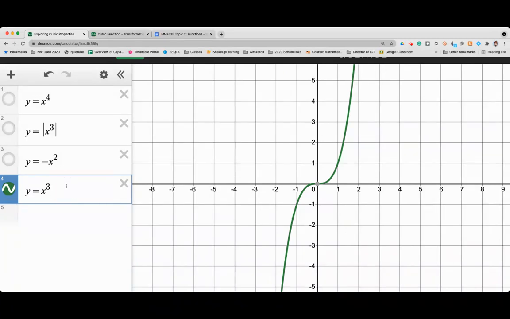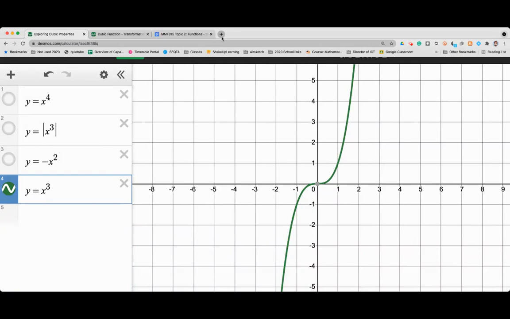Now, I don't know if you can remember or not, but from the quadratic work we did, we saw that every quadratic function was a transformation of the basic graph of y equals x squared. You can't say the same thing about a cubic, but you can say there are a bunch of very similar graphs to the base cubic graph by applying transformations also.